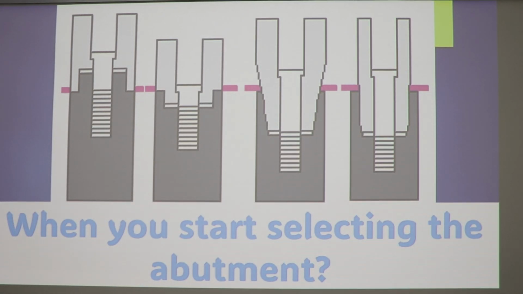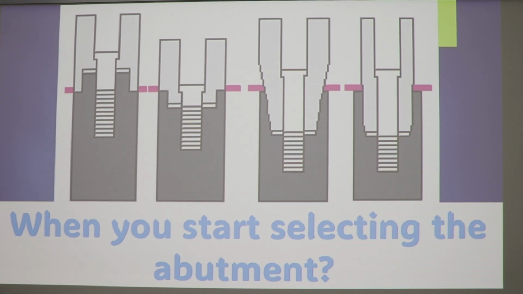Alright, now when you start selecting the abutment, this is the implant, external hex, this is internal hex, this is internal cone, and this is internal parallel.